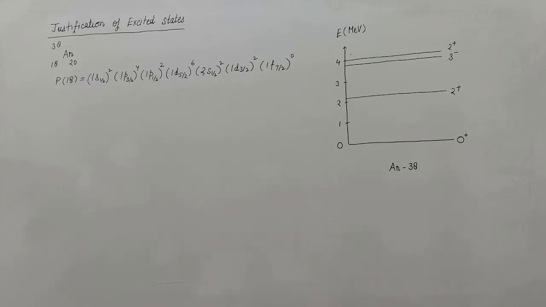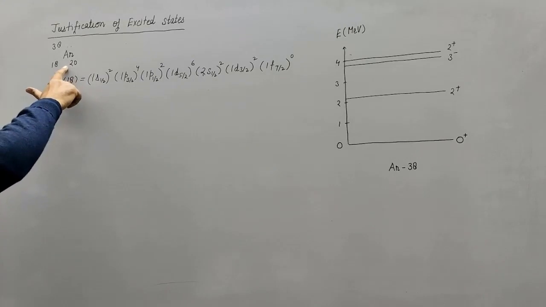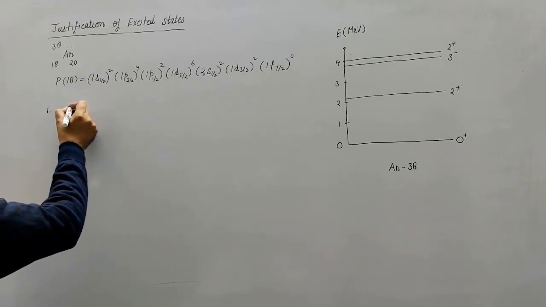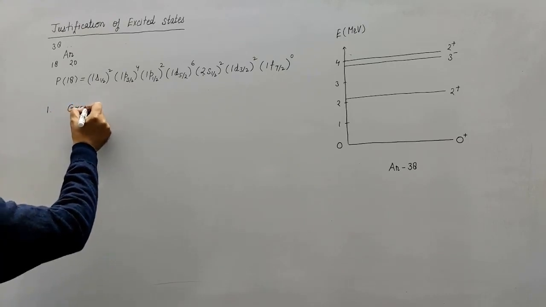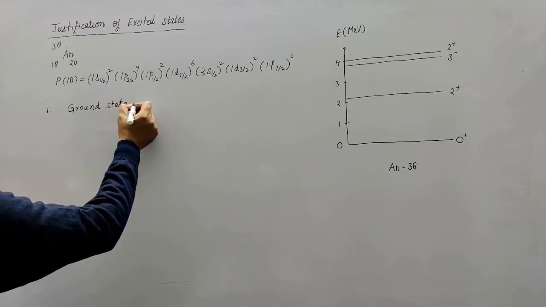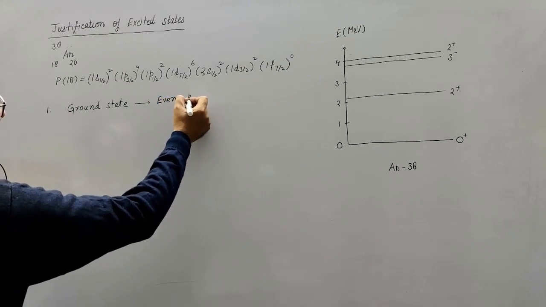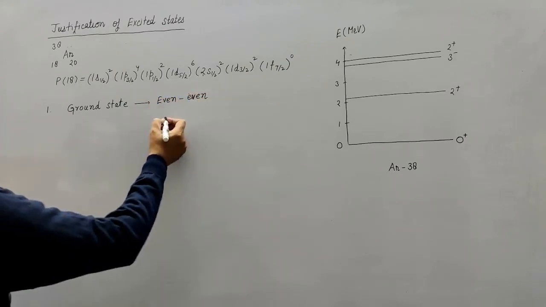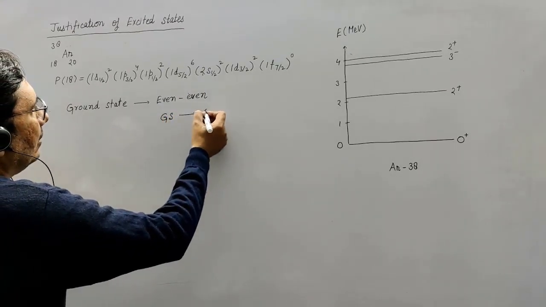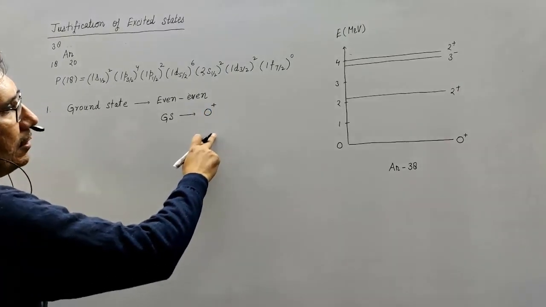So how can you explain the ground state? Basically, this is an even nuclei. The number of protons is even, the number of neutrons is even. So number one, the ground state. Since this nuclei is an even nuclei, automatically its ground state will be given by J equal to 0 and positive parity.